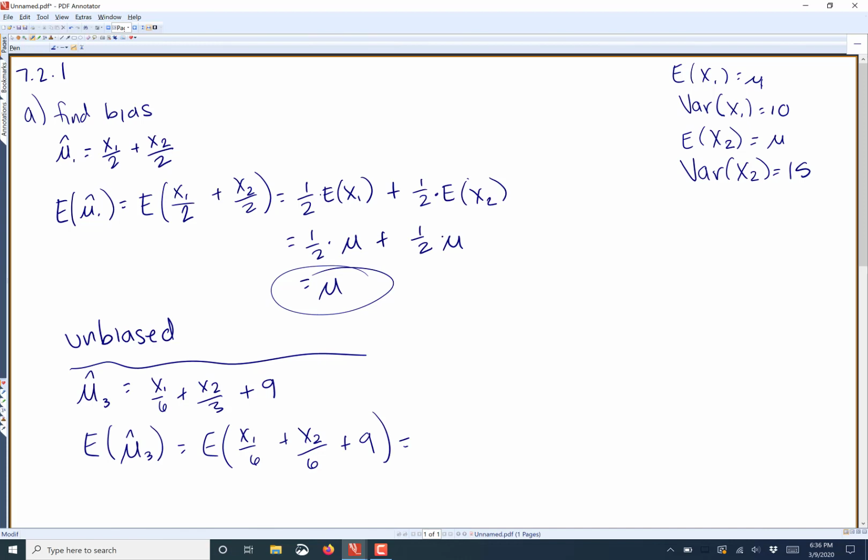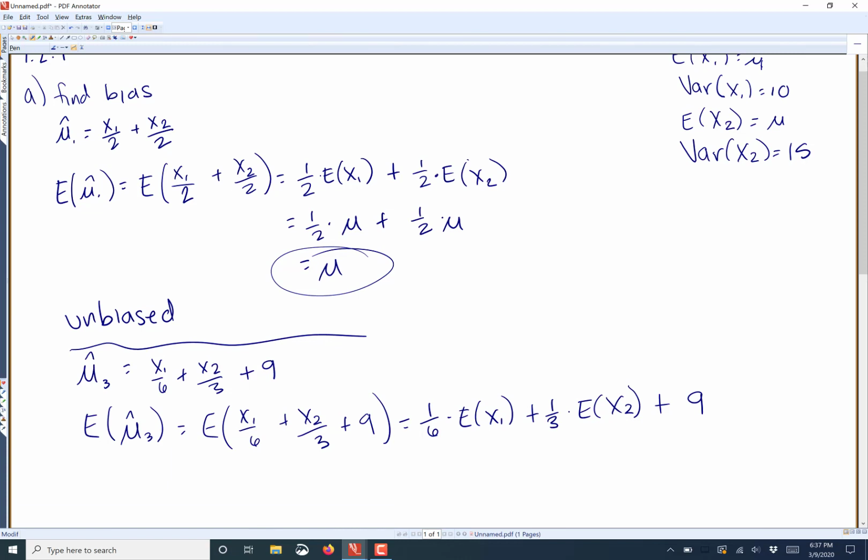Okay, so expected value rules, the divide by 6 just comes out, so it'll be 1/6 times the expected value of x1 plus 1/3 times the expected value of x2 plus 9. So the plus 9 just comes straight out of expected value. So this will be 1/6 times mu plus 1/3 times mu plus 9, which equals, let's see, 1/6 plus 1/3, that should be 1/2, right? So that should be 1/2 mu plus 9.